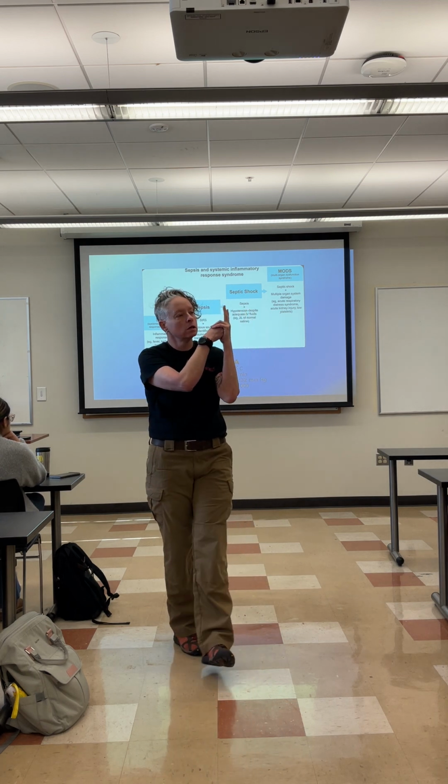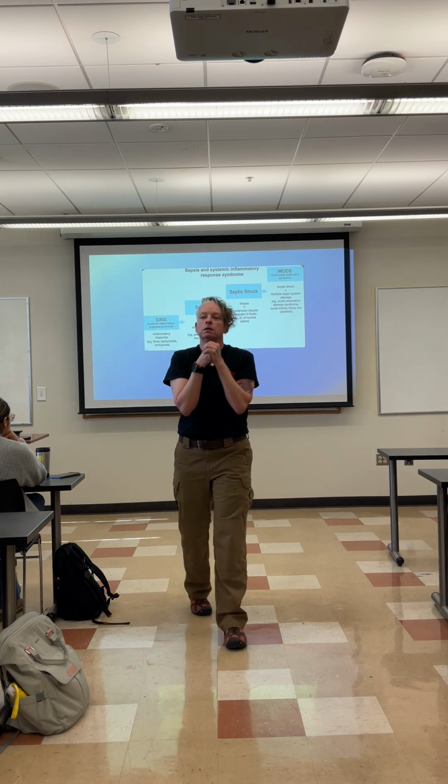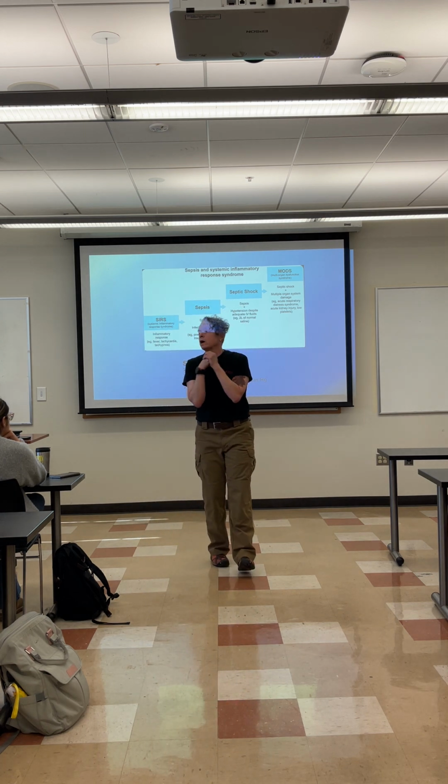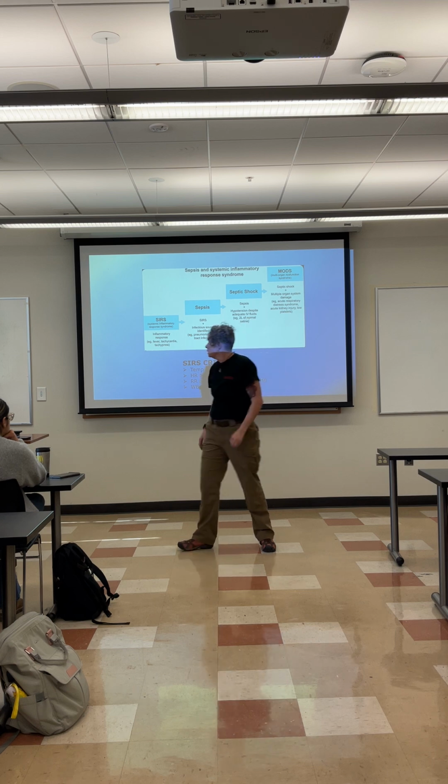What else? I can look at lactate. Respiratory rate. Do they have a possible site of infection? Because I'm telling you right now, I can go give myself 2 of these right now by running up and down the stairs. But I don't have a possible site of infection, so it's not SIRS, right?